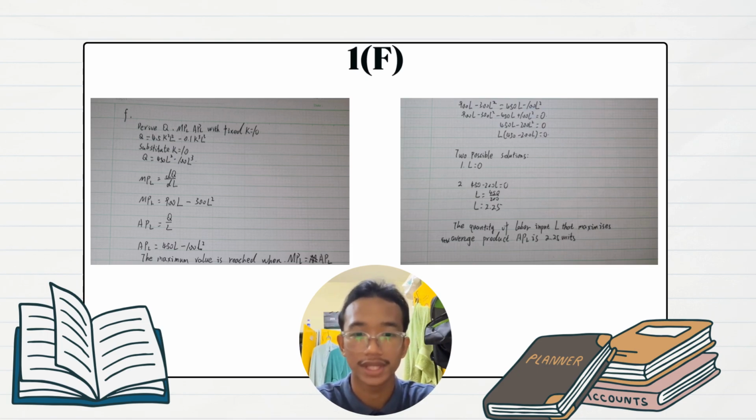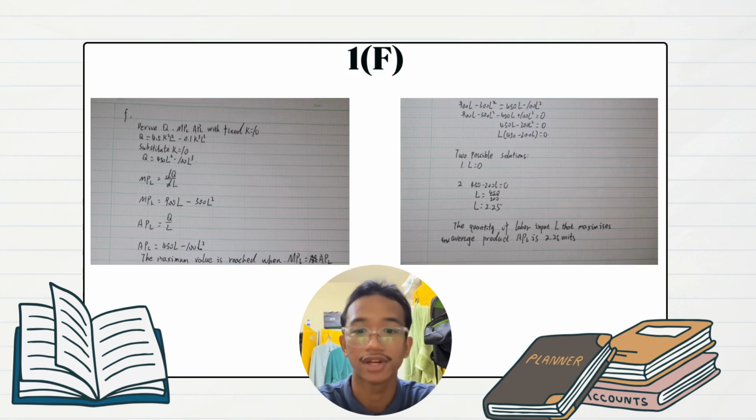Before we start, let's recap our APL function from our previous calculation in part C. After substituting the fixed capital K equal to 10 into the main equation and dividing it by L, we obtain the average product function, which is APL equal to 450L minus 100L squared. Now, our main goal here is to find the exact value of L that makes this function reach its highest point, or its maximum value.